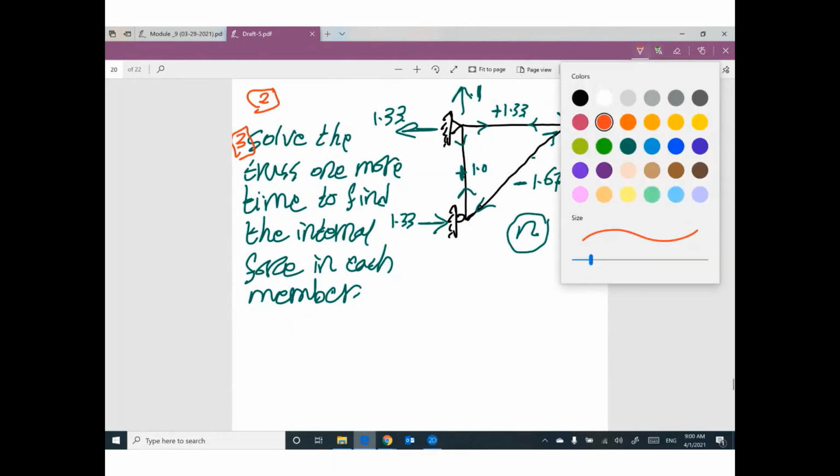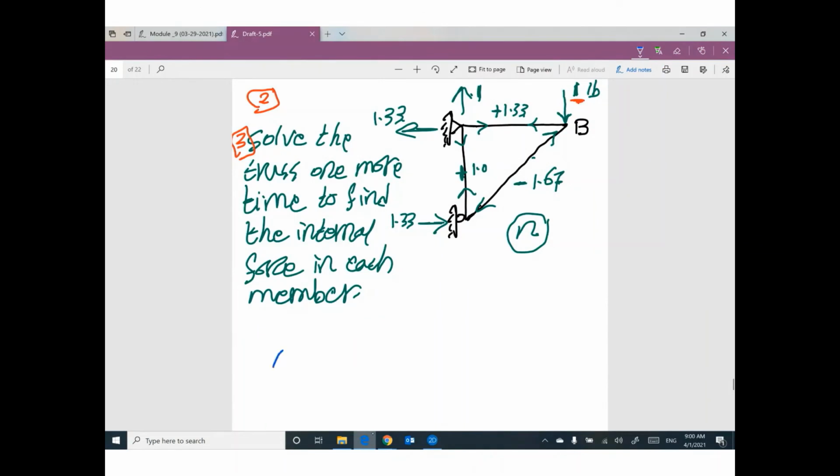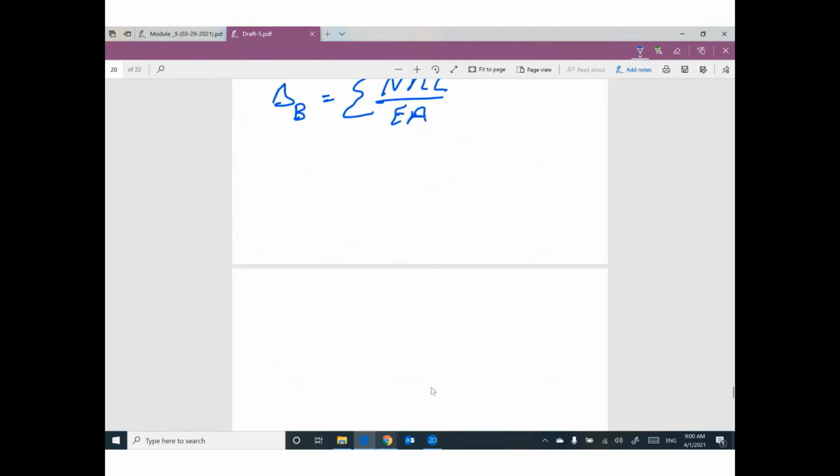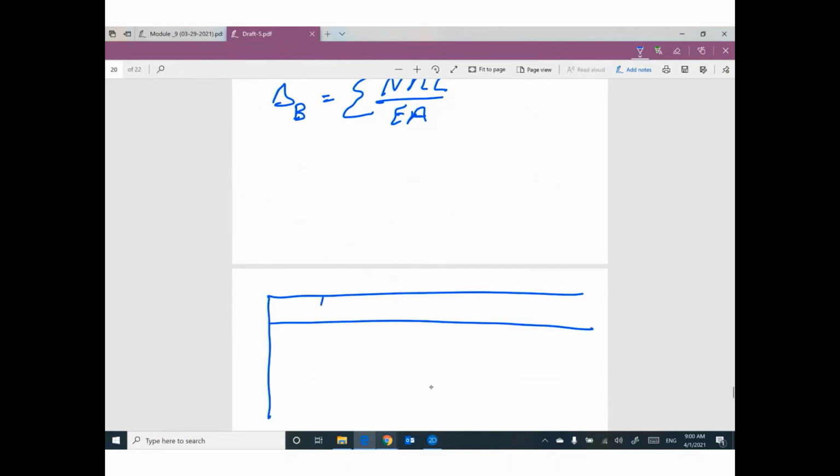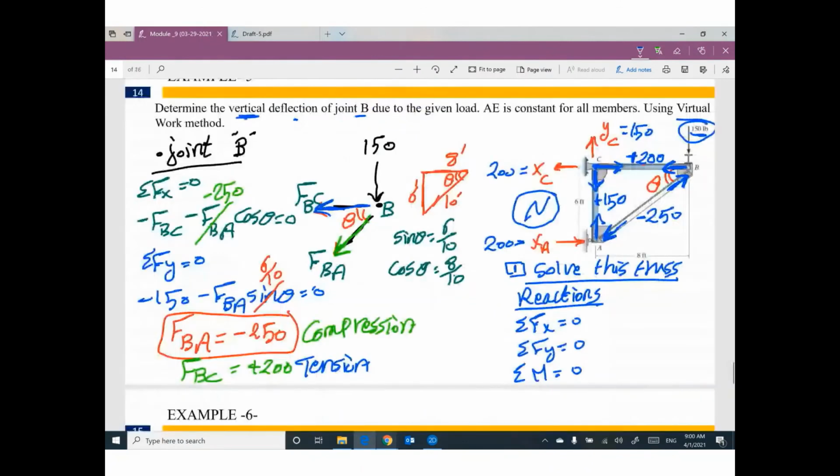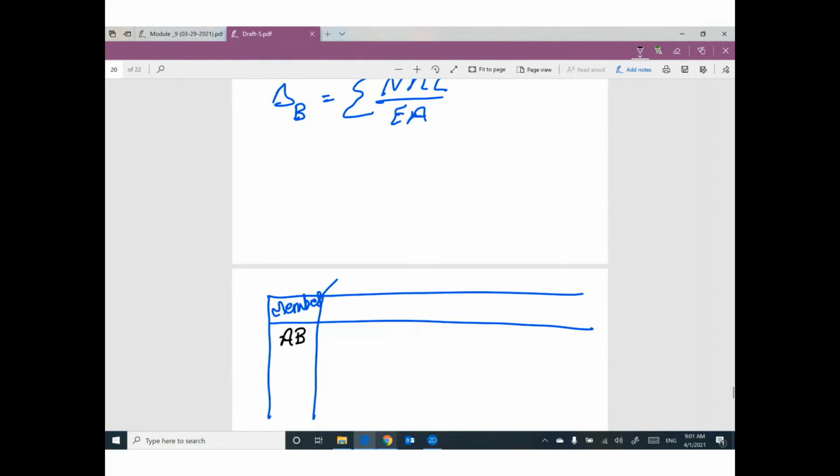The last step, your deflection at point B equals summation N n L over E A, and I will do it in a table. The first column will be the name of the member. We have member AB, member BC, and member AC.